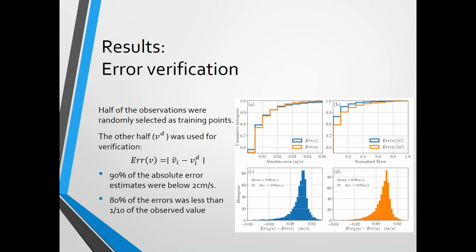So I used the training points to estimate the velocities at the verification points, and then I computed the errors at the verification points. I obtained that 90% of the absolute error was below 2 centimeters per second, which was pretty small, indicating a good estimate.